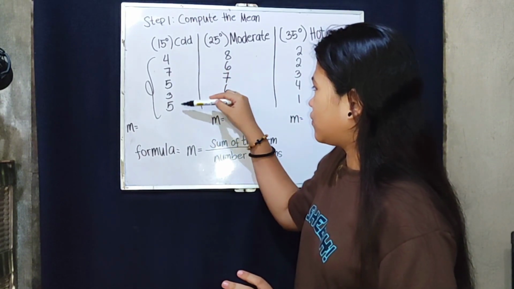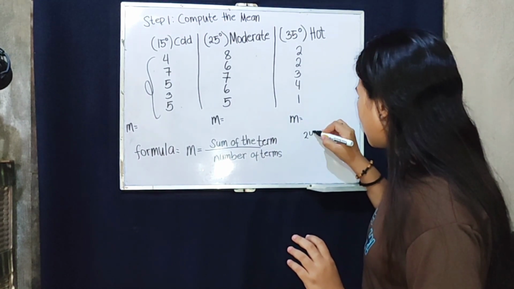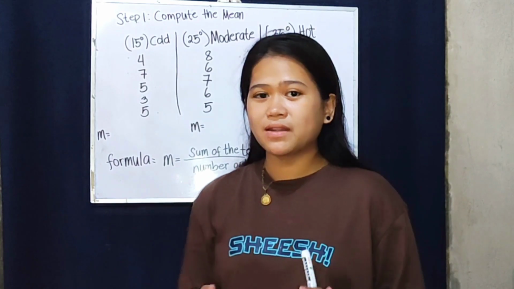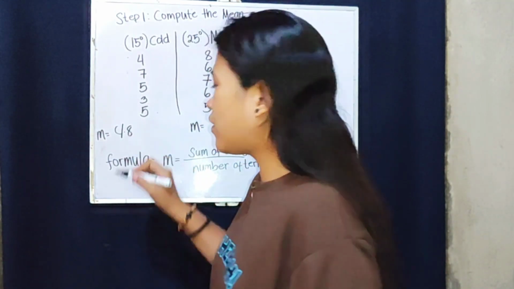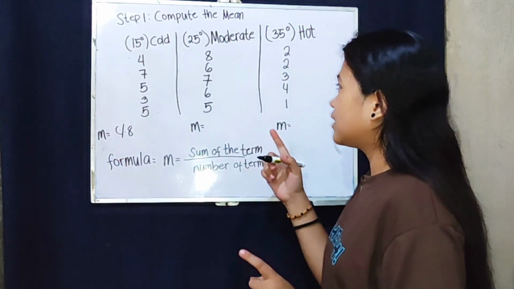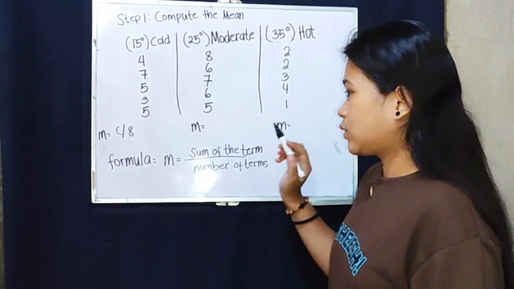1, 2, 3, 4, 5. So, 24 divided by 5. Ang atong nakuha sa 24 divided by 5 kay 4.8. So, mao ni ang mean. Second nga column, second nga group kay 32.